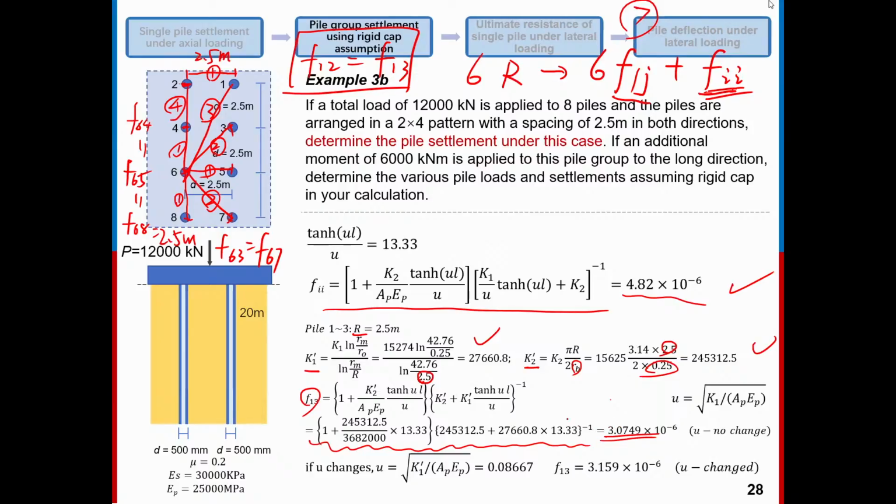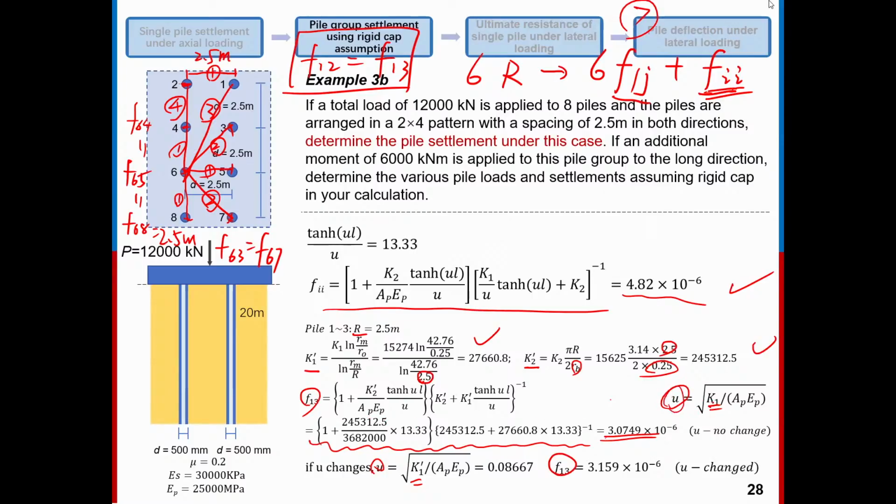As I mentioned to you, for determining the U value, we just use K1, not necessary to use K1 prime. If we use K1 prime here to determine the U value, we get this result F13, which is quite similar, almost the same as the F13 calculated from K1.